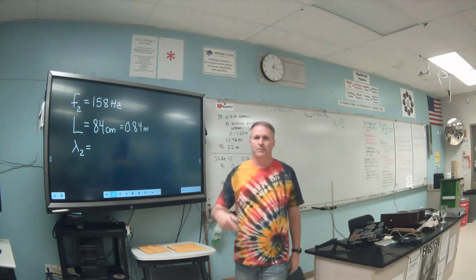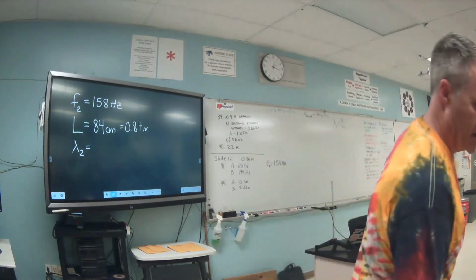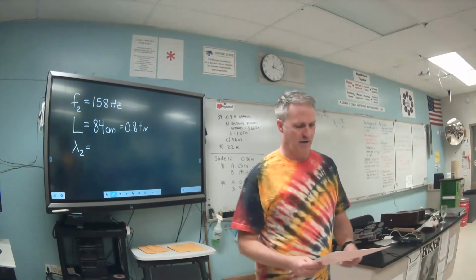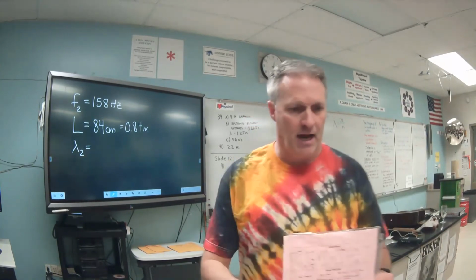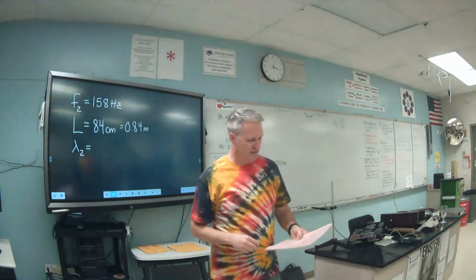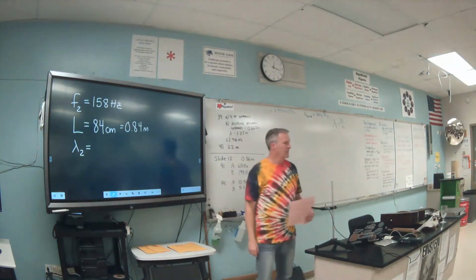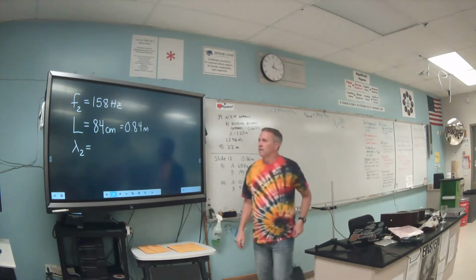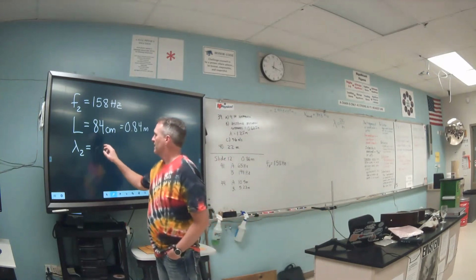That's why I put the summary of physics equations out on your table today, so you could see that the 2L over n equation is on there. If you look at waves and sound, you can see it right there in the bottom right-hand corner. The wavelength is related to 2L over n.